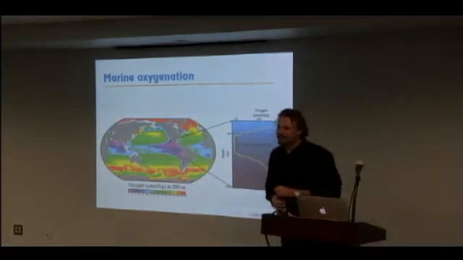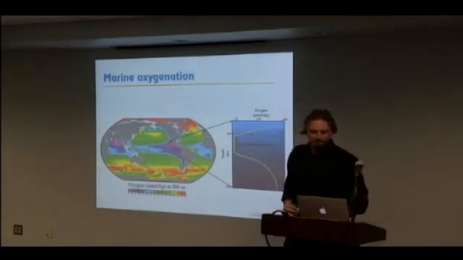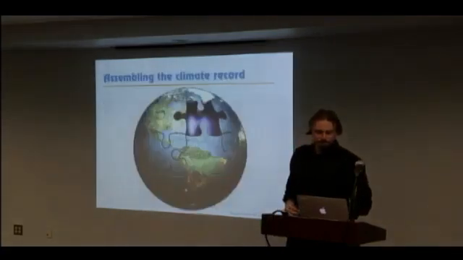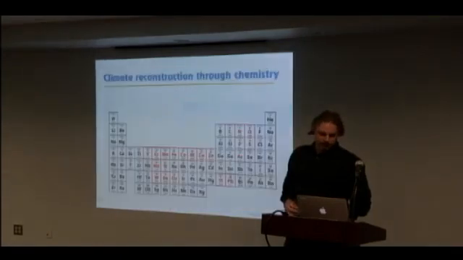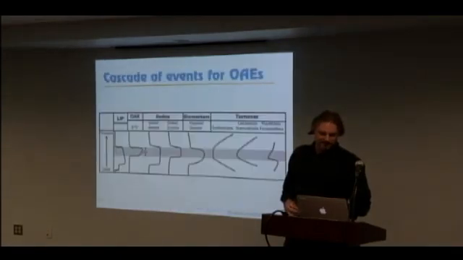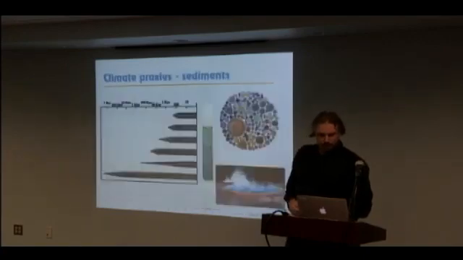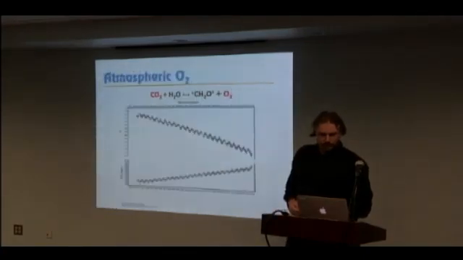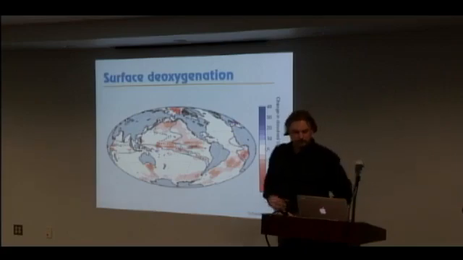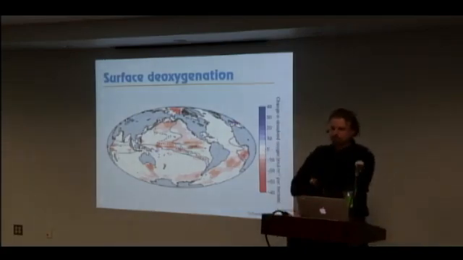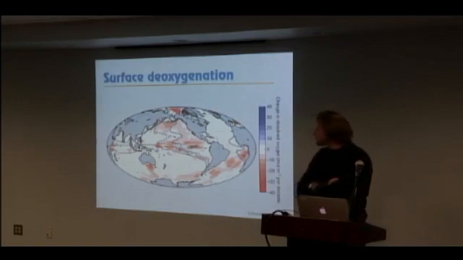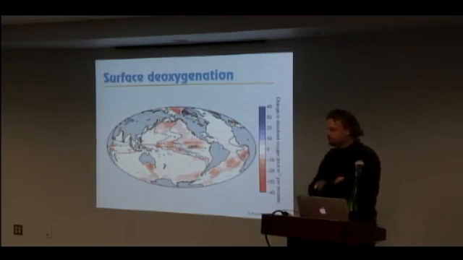Could you go to the slide that shows the deoxygenation, the cartoon? The one where the colors were red. Yes, this one. As I'm seeing this, it looks like up in the North Polar area it's darker, showing more deoxygenation than in other places.